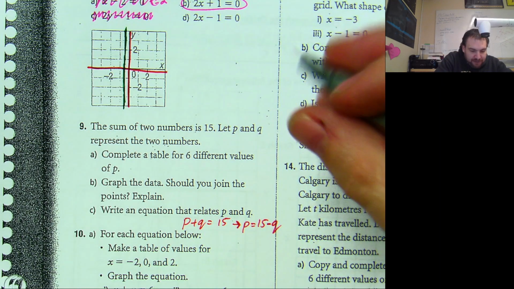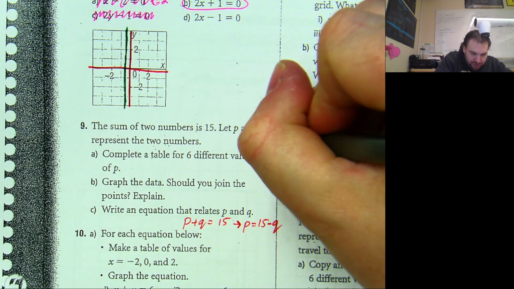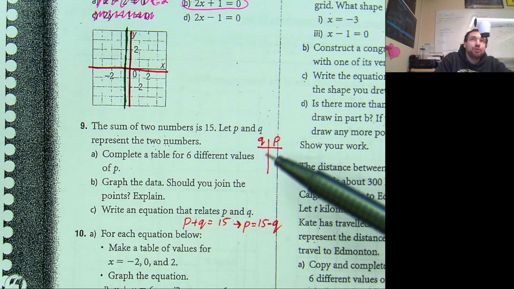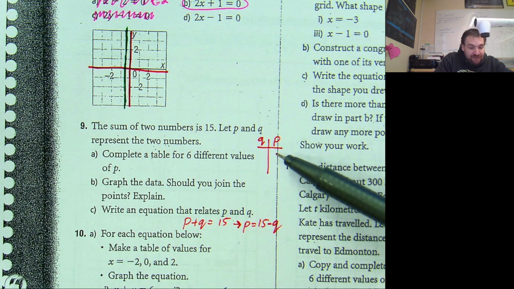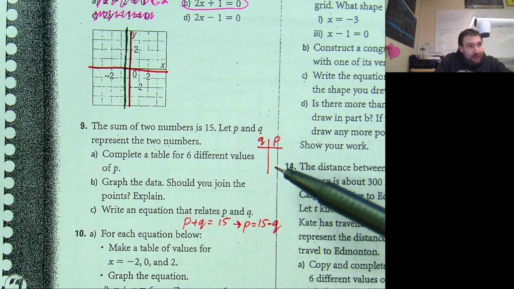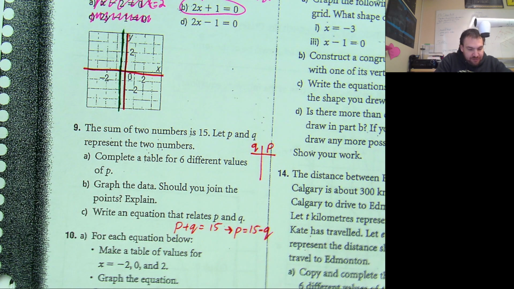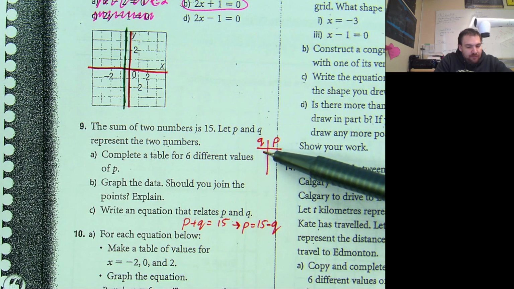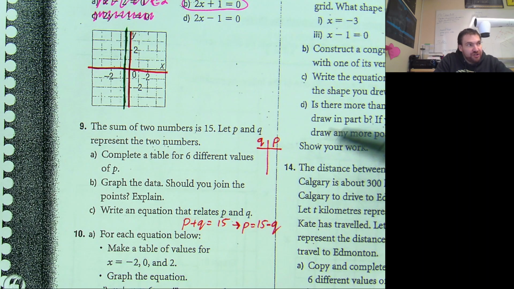So now when you complete your table of values, Q is going to go there, P is going to go there, and we're going to choose values for Q that are going to give us values for P. It wants 6 values. So give me 6 values of Q, and we'll just shove it through there.